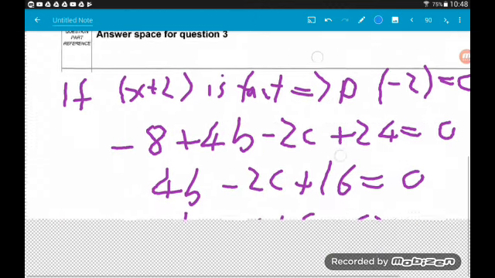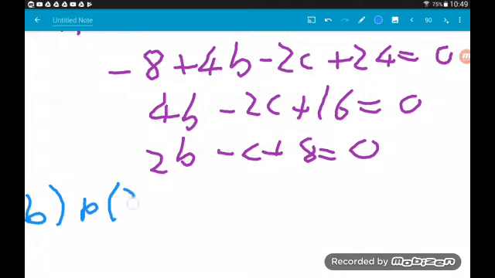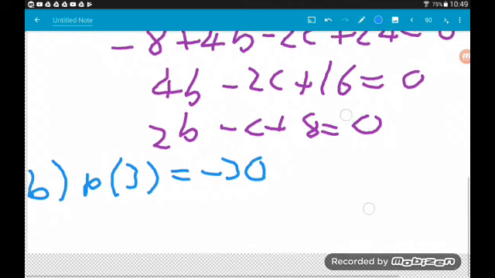So, by the remainder theorem now, for part B, if when the expression is divided by x minus 3, the remainder is minus 30, this tells us then p of positive 3 is equal to minus 30. So we now substitute 3 in.